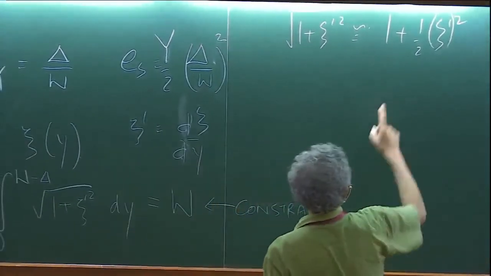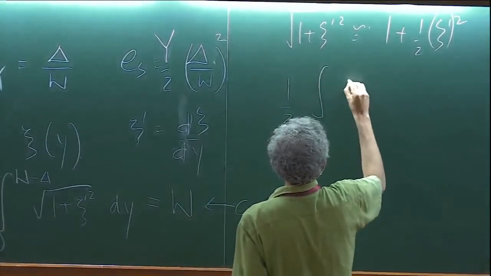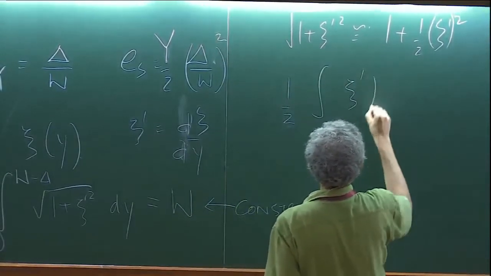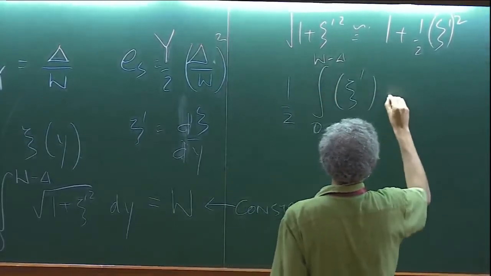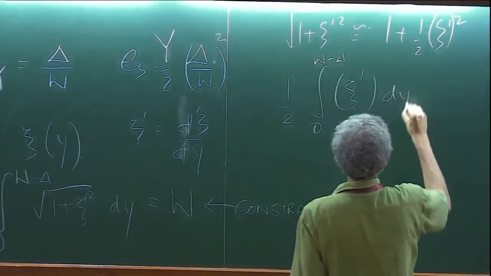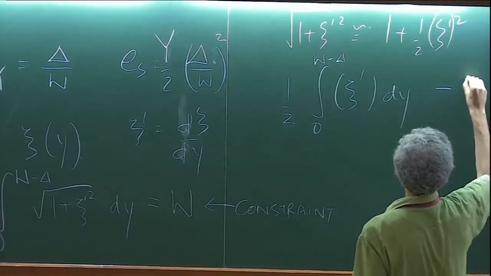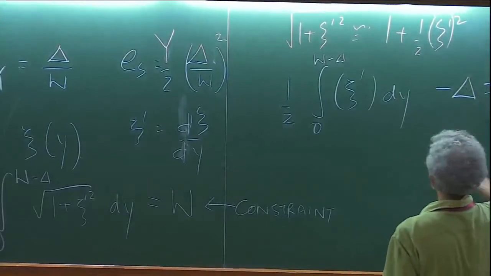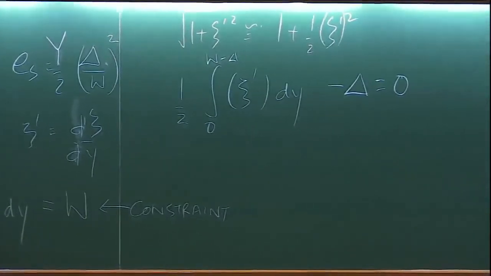This is whatever it is. So this turns into half psi prime squared from 0 to W minus delta dy. I still have a minus delta equals 0. That's what the constraint looks like in small slope. Okay.